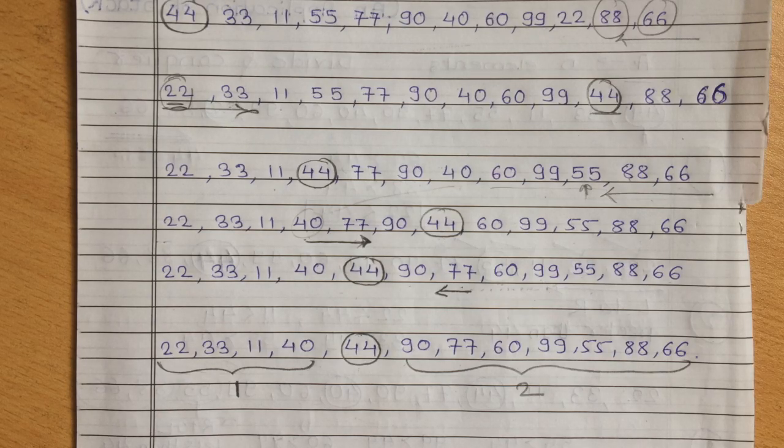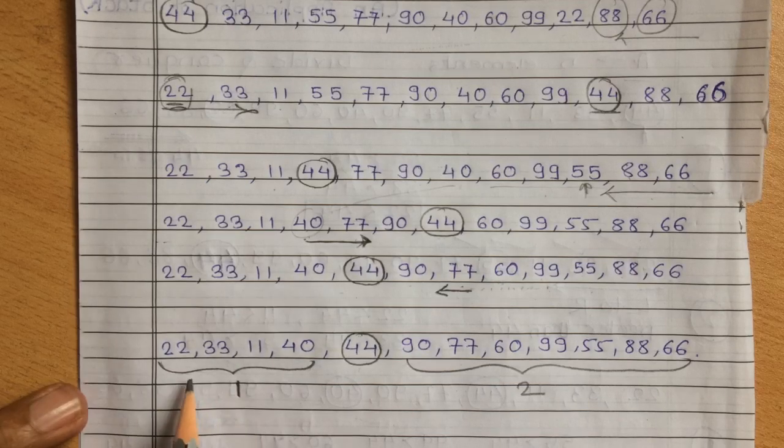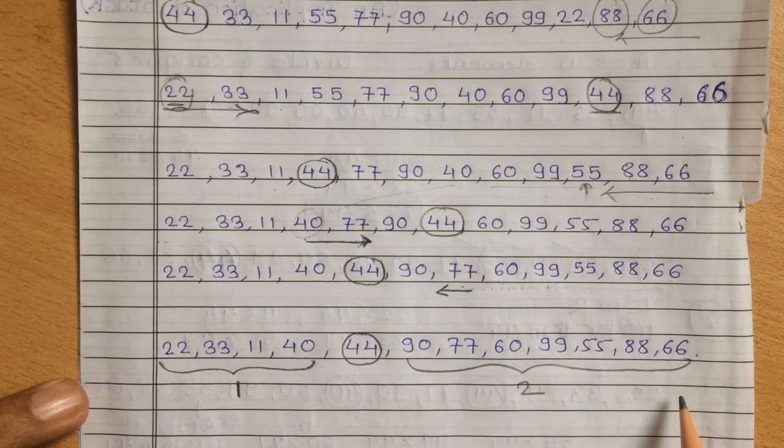Now we have to repeat the same reduction step for each sublist which contains two or more elements. So this reduction step again we have to repeat for this sublist, but the condition is that the sublist contains a minimum of two or more elements.